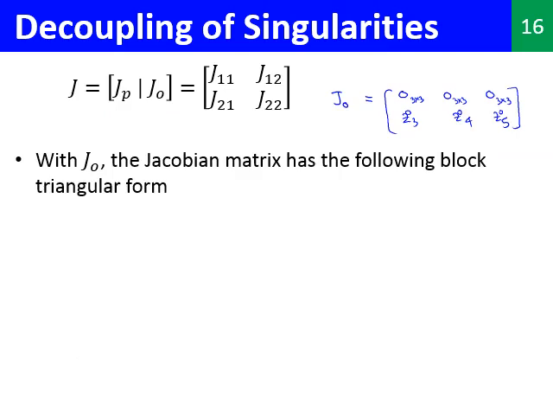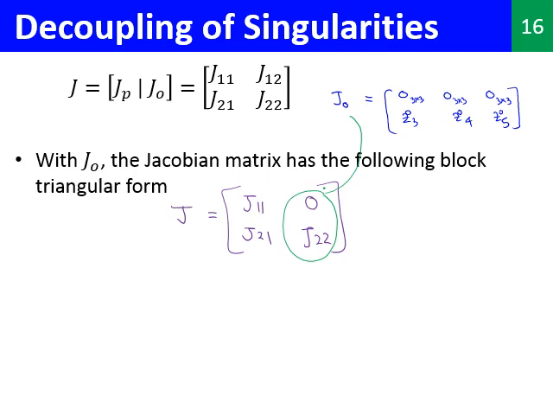Okay, with the simplified JO, the Jacobian matrix will have the block triangular form, that is J would be equal to J11, J21, and this part would be 0, and this is J22. So here we have the block triangular form, and this is actually JO.